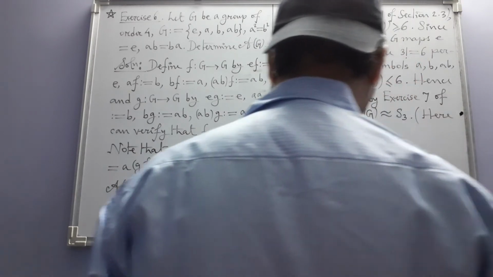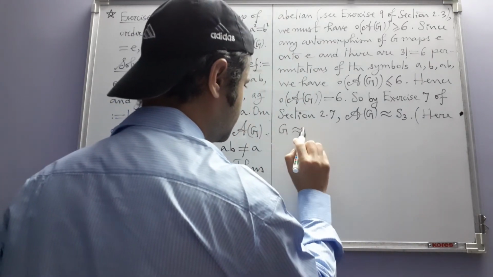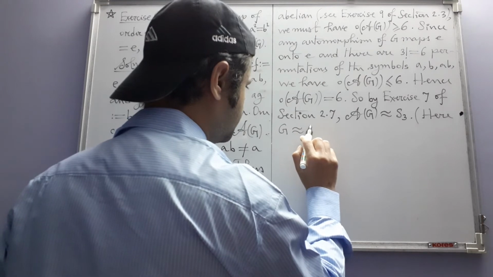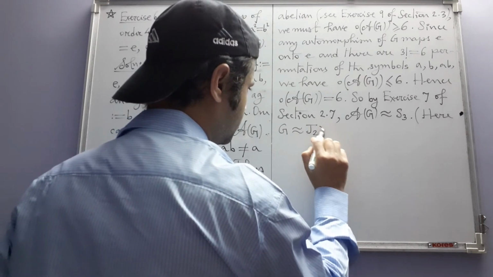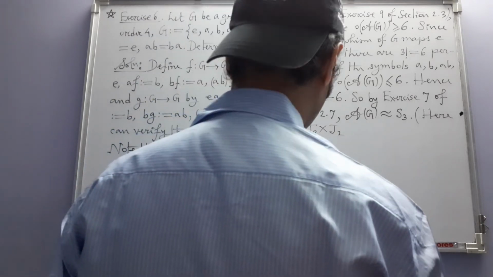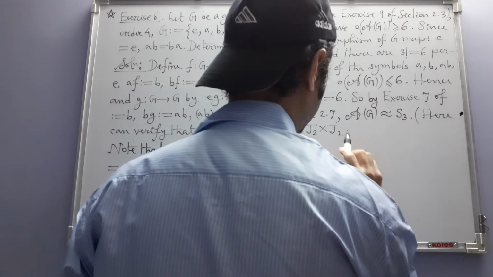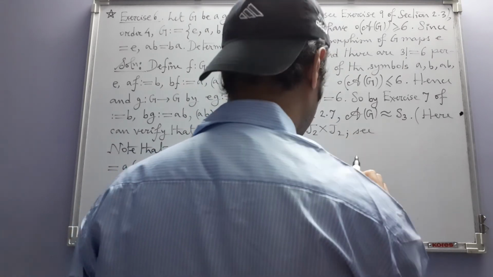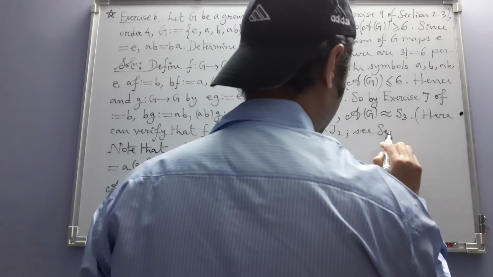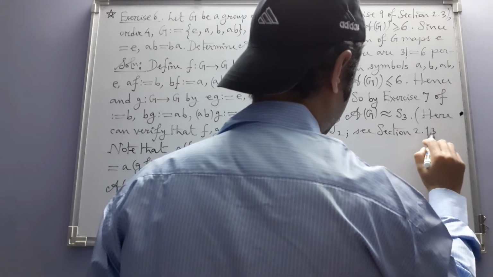And this is something extra. Here the given group G is isomorphic to J2 cross J2. To understand what this cross is, this is direct product, you have to see the last section 213.